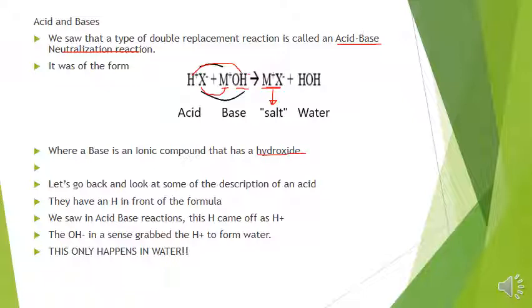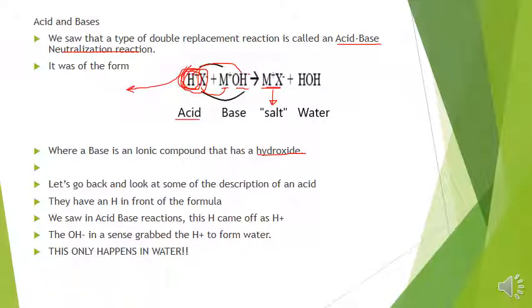Let's go back and look at some of the things we've learned about acids. First of all, an acid will always have an H in front. In an acid-base reaction, we saw that the H came off as H plus.